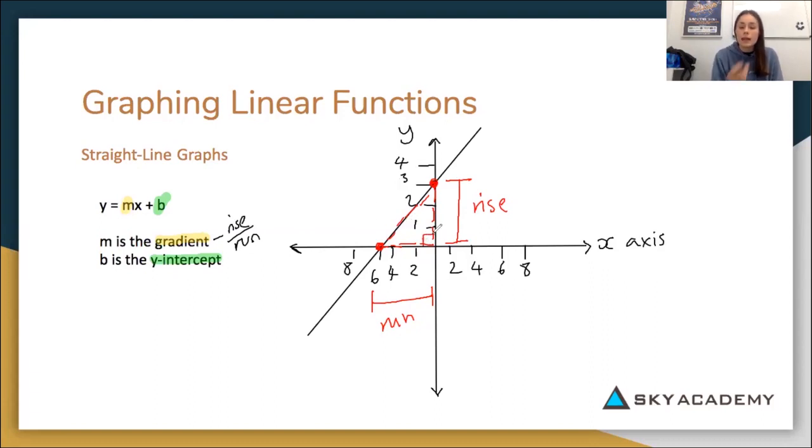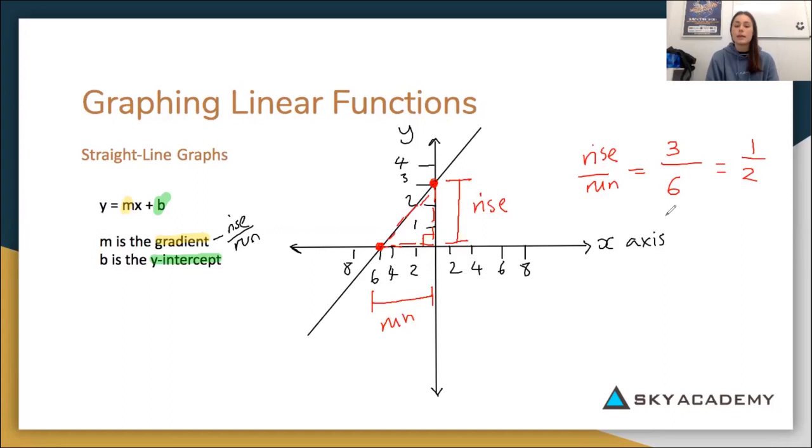So we do rise over run. If my rise is from 0 at the origin to 3, I have a rise of 3. And if my run is from 0 to 6, I'll have a run of 6. And 3 on 6 just equals 1/2. So my gradient or my slope of the line is going to be 1/2.